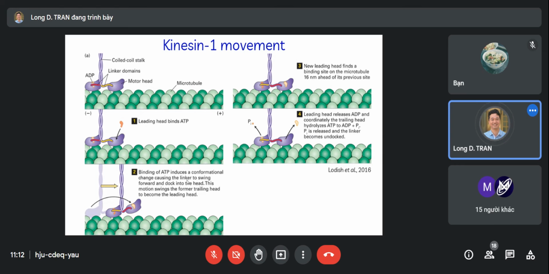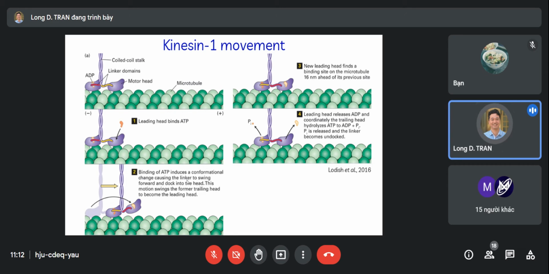for the movement. If you still remember, for myosin, each head will move independently of the other head. But here, the movement of one head depends on the other.